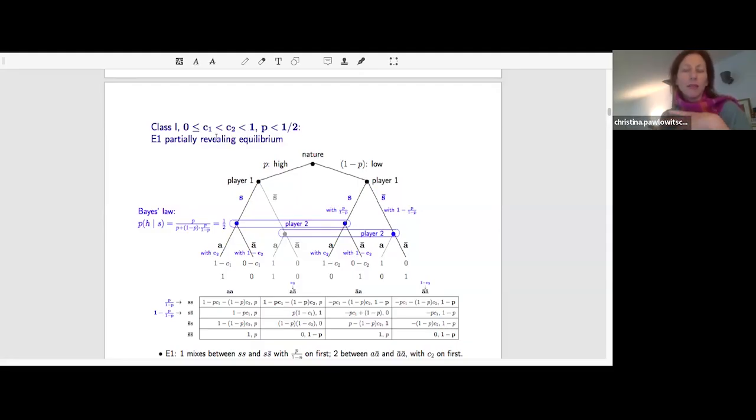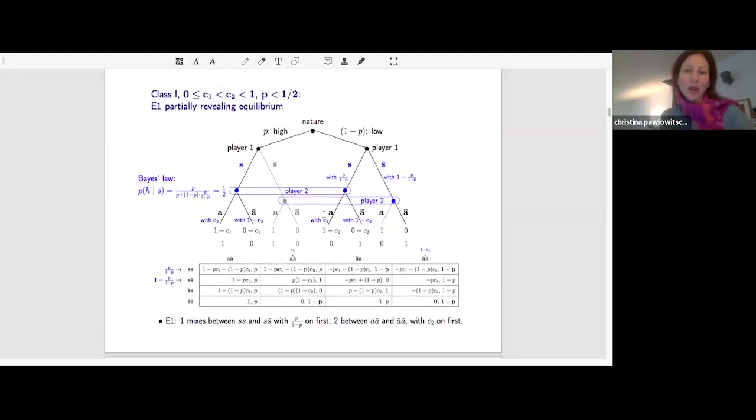Also we make the assumption that the cost of the signal for the high type is strictly lower than the cost of the signal for the low type. It could be 0 for the high type. That doesn't change the equilibrium structure, but for the low type, the cost has to be strictly smaller than 1. This is the case I'm looking at now. It can be higher than 1, but then we get a different equilibrium structure.